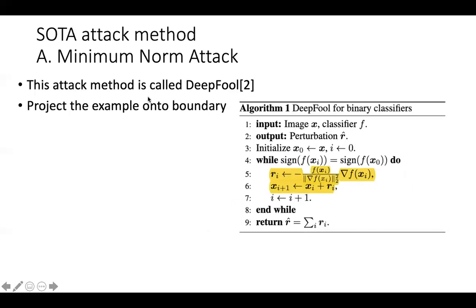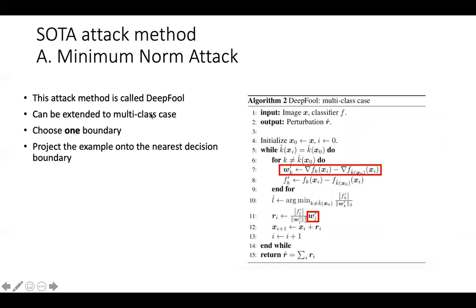This attack method is called DeepFool. The idea is just to project the example onto the boundary. This can also be extended to multi-class cases. It's just that we need to choose one boundary to project onto, and we will choose the nearest decision boundary.